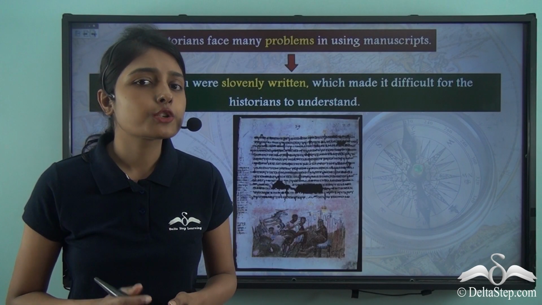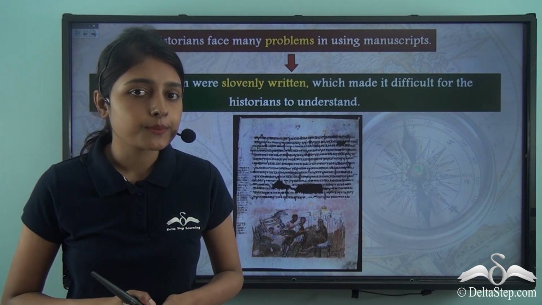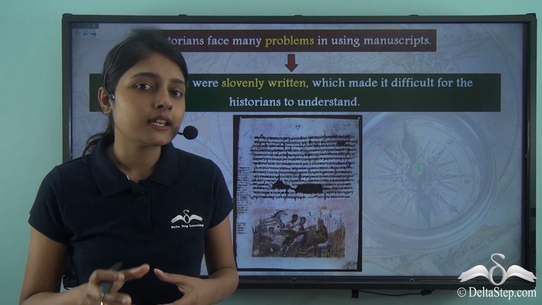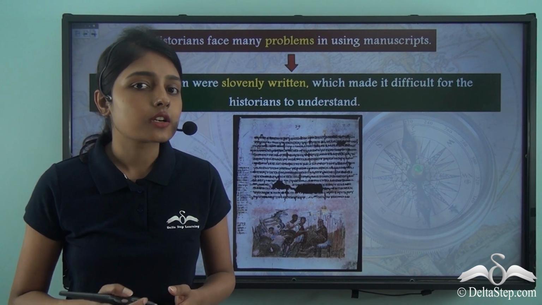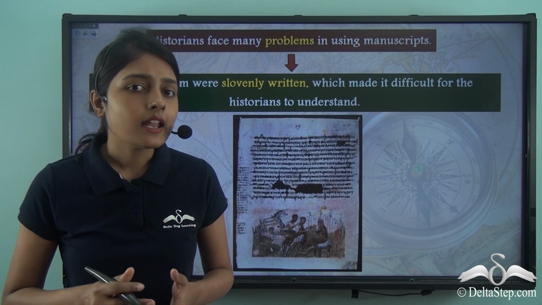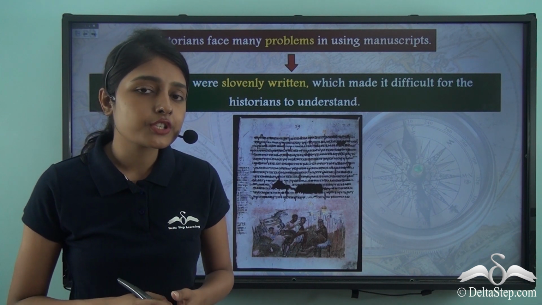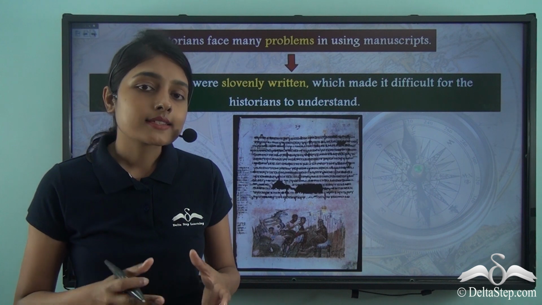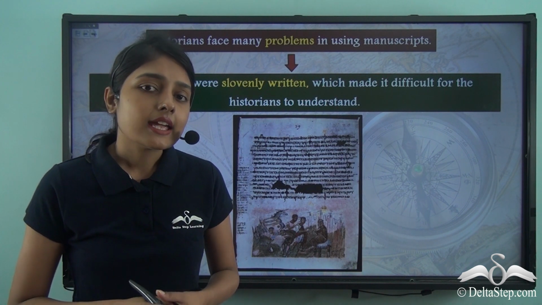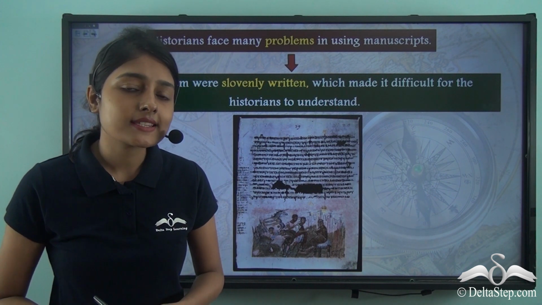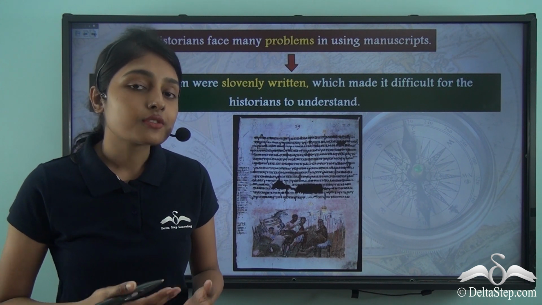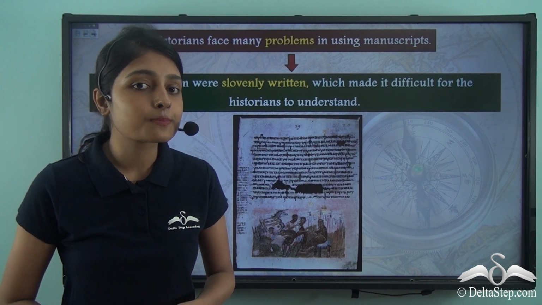I'm sure you must have seen a doctor's prescription. More often than not, things are written in a very jumbled and messy way in a doctor's prescription. It must have been easier for you to understand had it been printed. So, in a similar way, it is very difficult for the historians as well to read manuscripts which were written by hand, which were not printed.